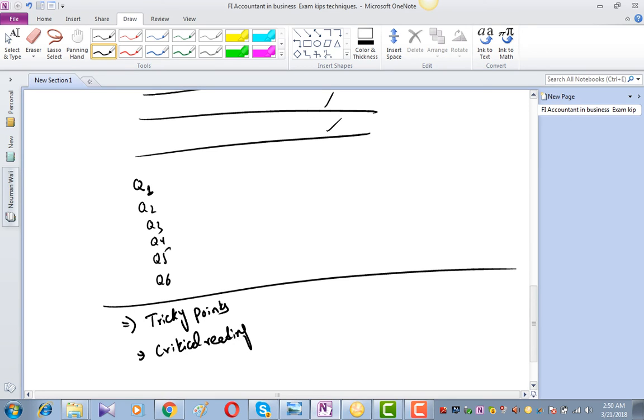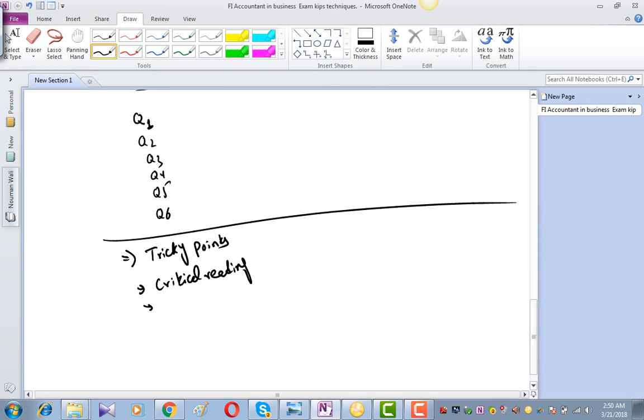So second is deep study of all aspects of organization.